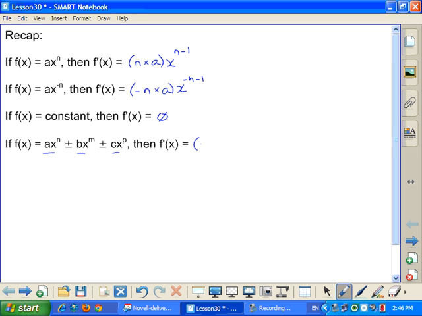So we'd end up with n multiplied by a x to the exponent n minus 1, plus or minus m times b x to the exponent m minus 1, plus or minus c times p x to the exponent p minus 1. So you can treat each term individually. I always do the power and then the adding and subtracting rule all together because it really goes hand in hand. It's not something that needs to be separated.